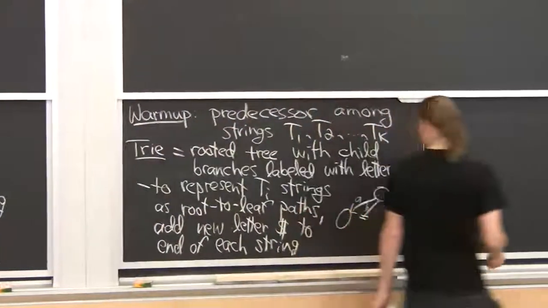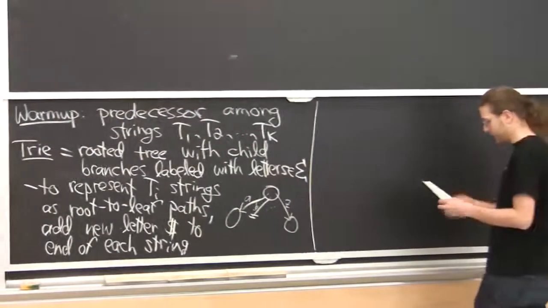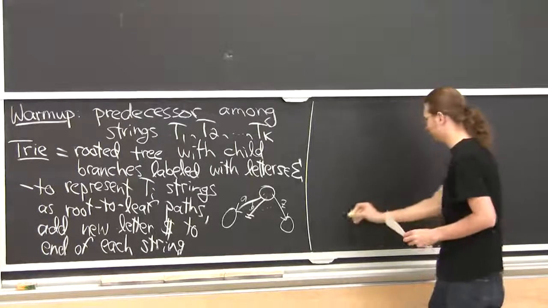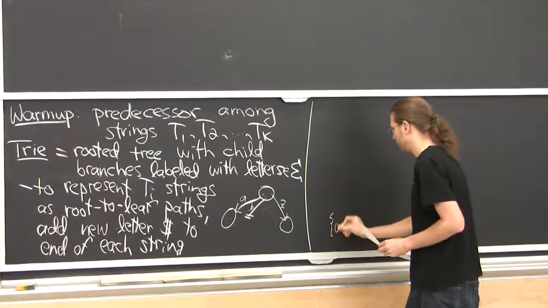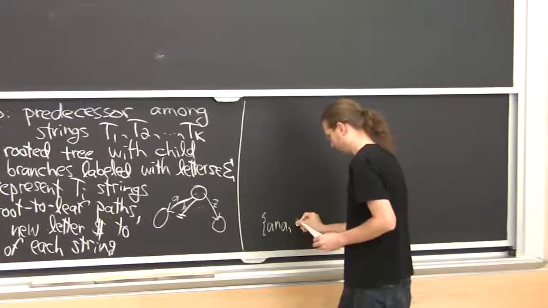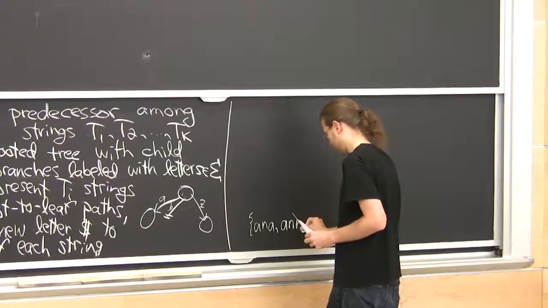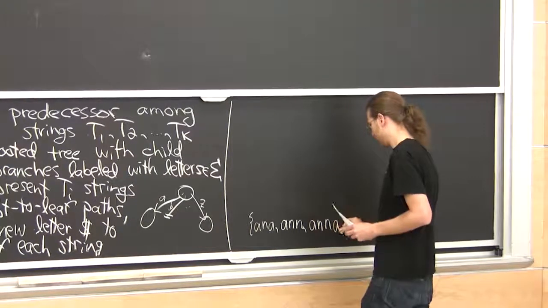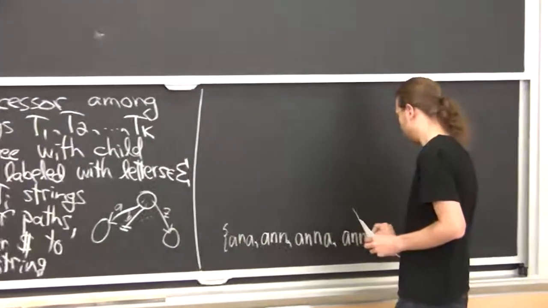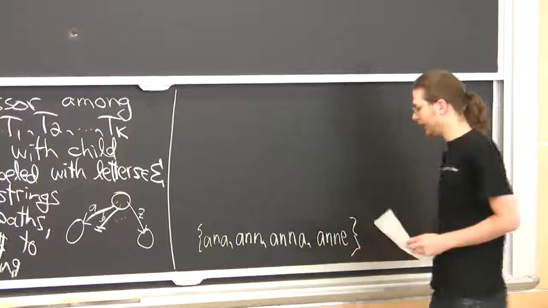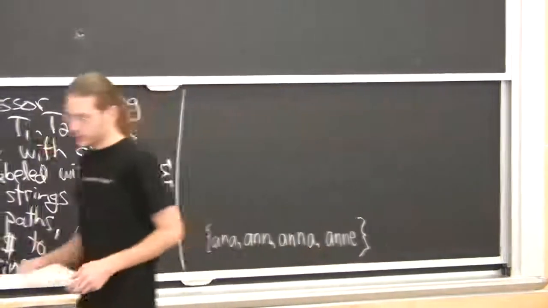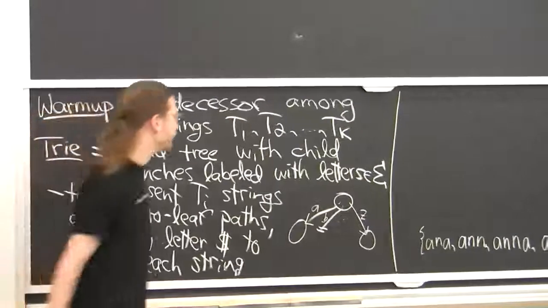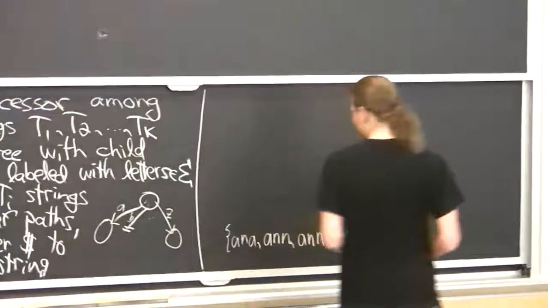Okay, so I have an example. We're going to do four strings, which are various spellings of Anna and Anne. And say we'd like to throw these into a trie.